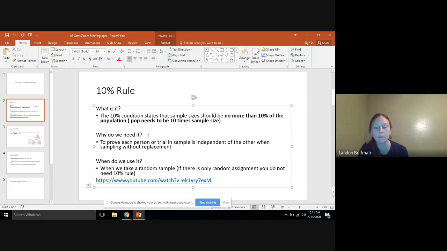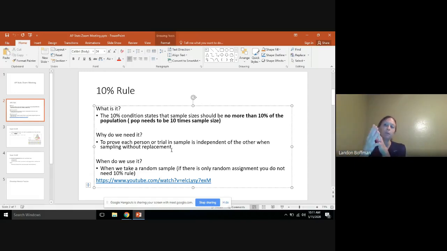So why do we need the 10% condition? To prove each person or trial in a sample is independent of the other because you're sampling without replacement. An example: if we are sampling people that come out of a mall, when a person leaves, our population has changed because we're not putting that person back once we sample them.